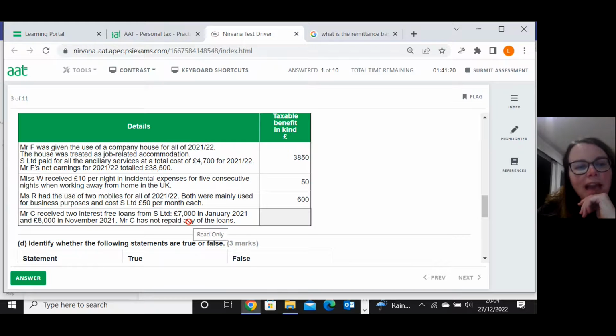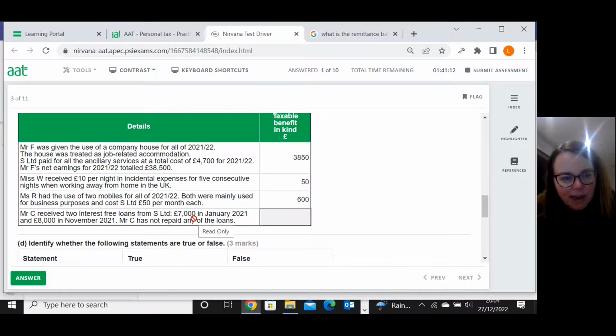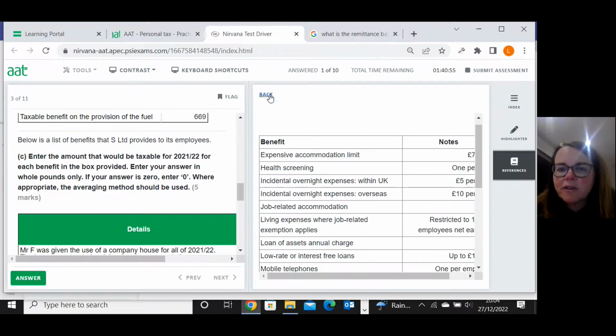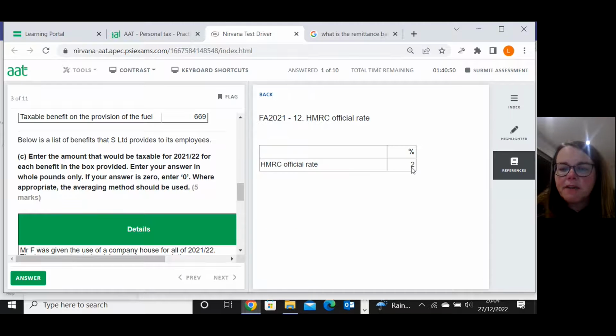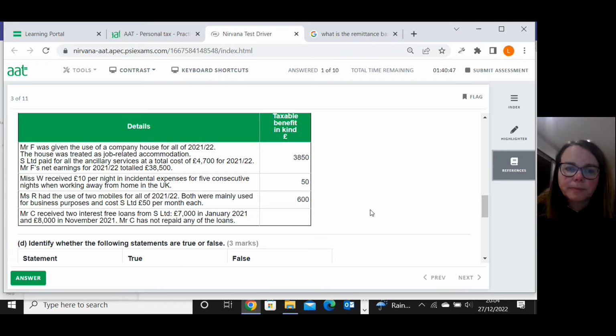We then need to work out what the average amount of the loan is, because remember it said that you use the average method where applicable. So it starts at 7,000, it ends at 15,000. So the average of those 2 figures, you could add them together and divide by 2, or you could just look at them and go, well, in the middle is 11,000. And then we times that by the official rate of interest, which is given as 2%. Which gives us an answer of 220.